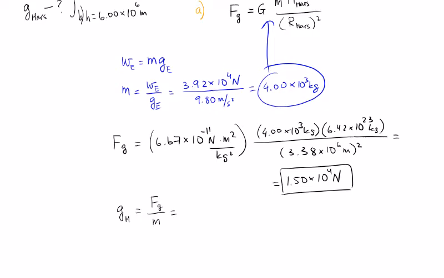That equals 1.50 times 10 to the 4 newtons divided by 4 times 10 to the 3 kilograms, and we will get 3.75 meters per second squared. Wow, this is a pretty small value, although it's more than on the moon, because the gravity on the moon is 6 times less than on Earth. So it still will be easy to walk on Mars.